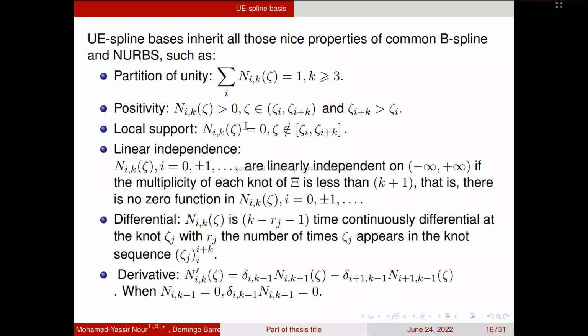This spline has many properties, for example partition of unity, positivity, local support, linear independence, differentiability and derivatives.